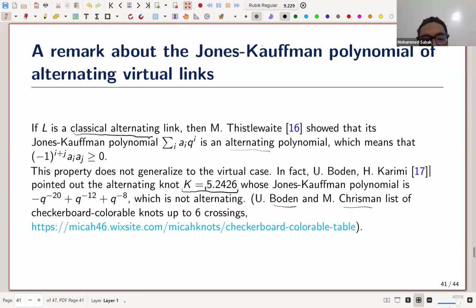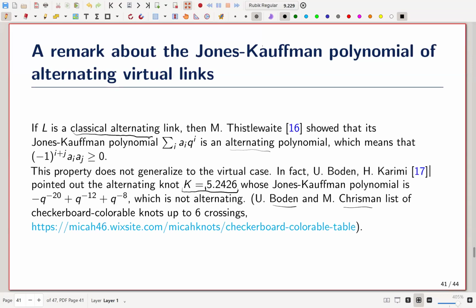Excuse me, is your polynomial new? Does it give anything new for classical links, or is it just new for virtual links? No, for classical links it does not give anything new. Yes, the new stuff concerns the virtual case only.